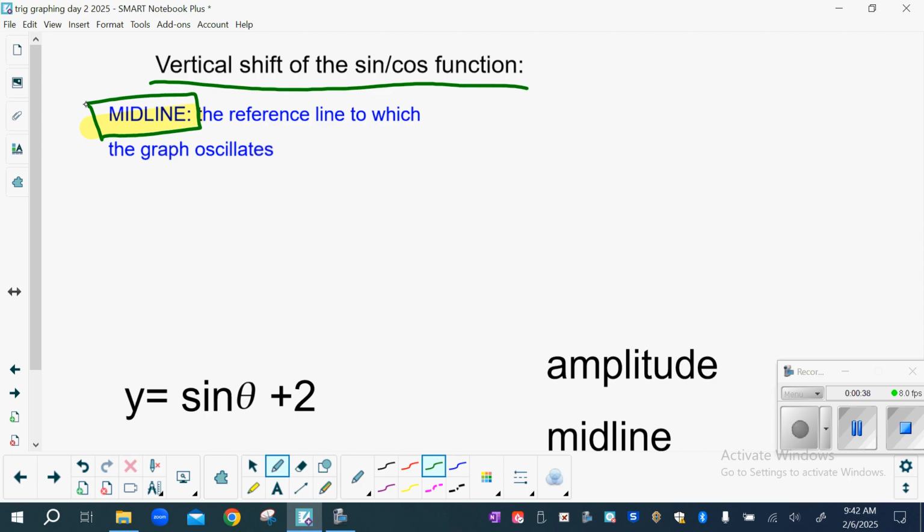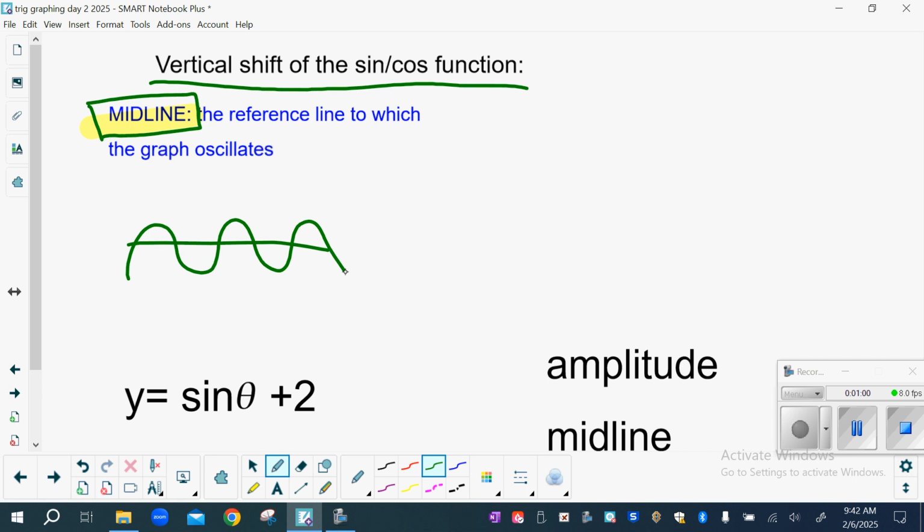And the midline, here's the scary book way of telling you what a midline is. The midline is where your graph oscillates. Oh my gosh, what does that mean? That means that's the line that it goes over, right? Like there's a middle area, and you are going to go up over it and down, up and down.